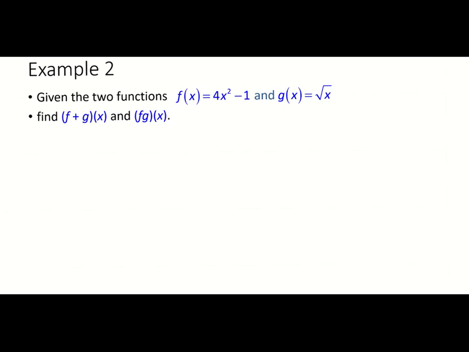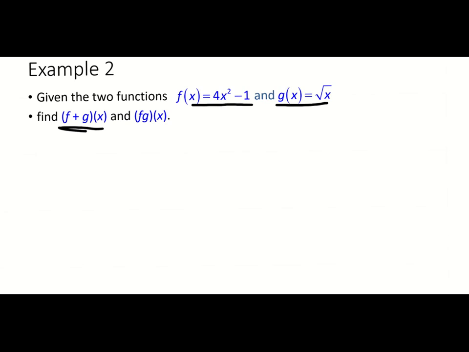Okay. Now we're going to work with more typical functions that you're used to seeing. And what they want us to do here is when we look at this, they give us two functions. We have f of x equals 4x squared minus 1, and g of x equals the square root of x. First, they want me to add the two functions together.